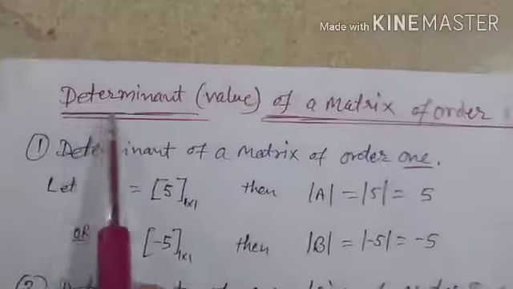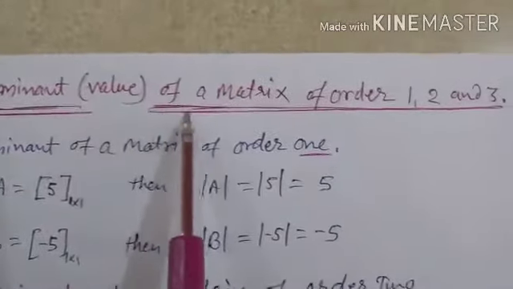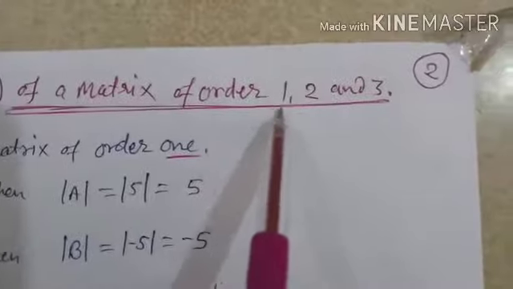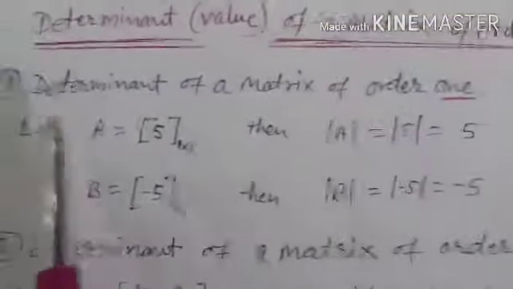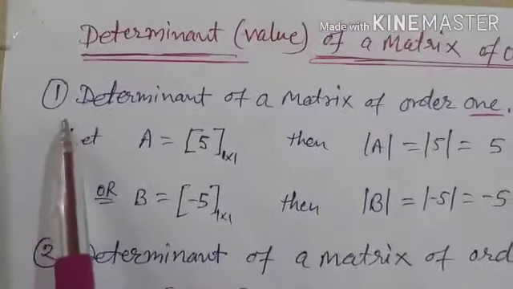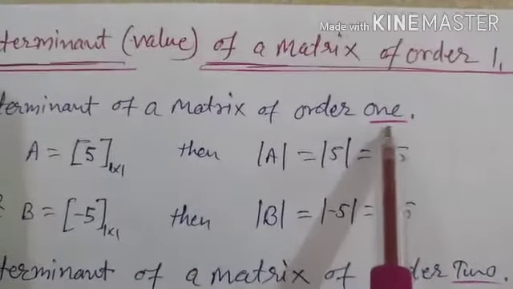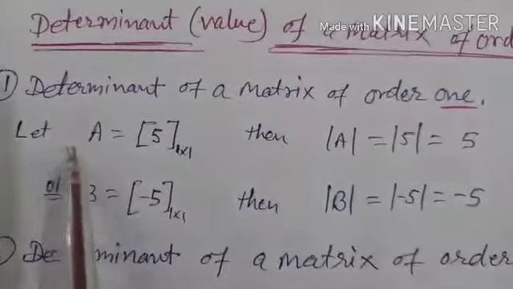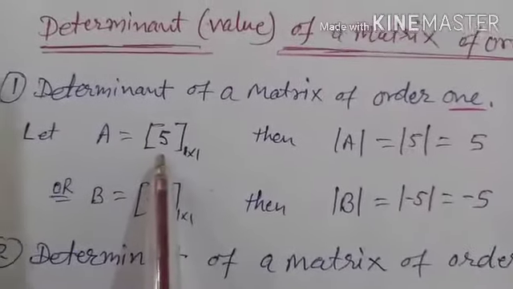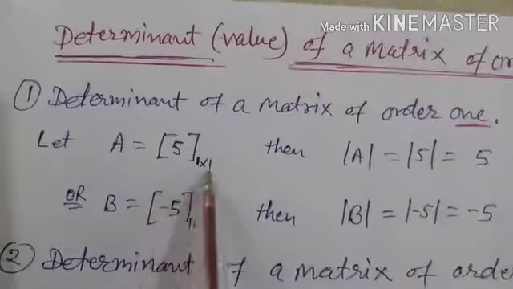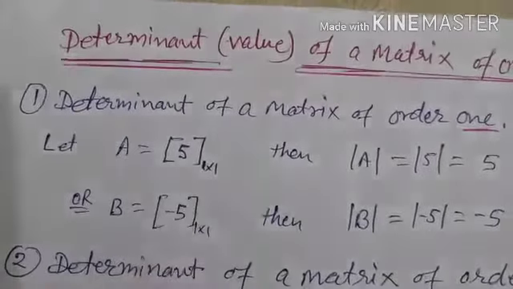Now the determinant of a matrix of order 1, 2 and 3. First, the determinant of a matrix of order 1. Let matrix A be equal to, suppose, only 5. There is one element, which is 1 by 1, it means order 1.